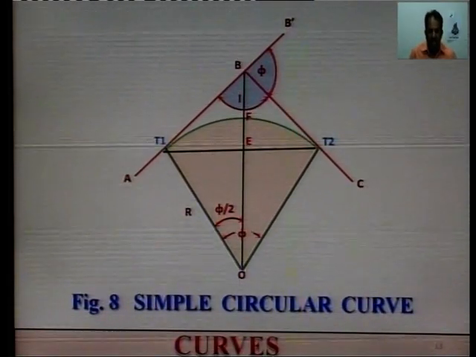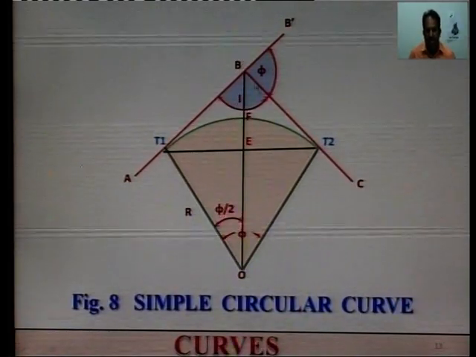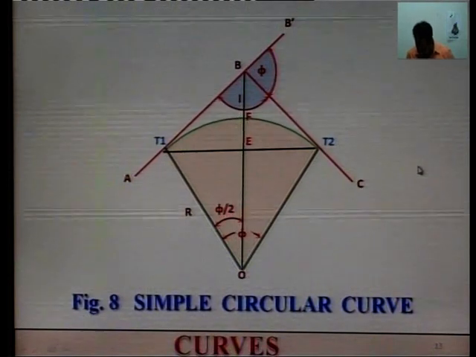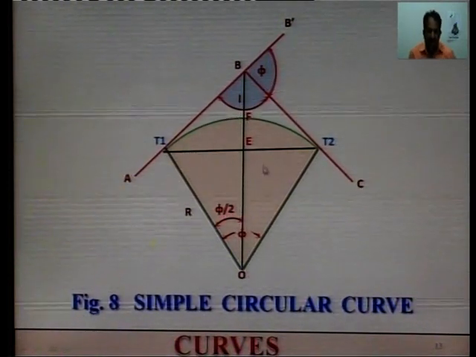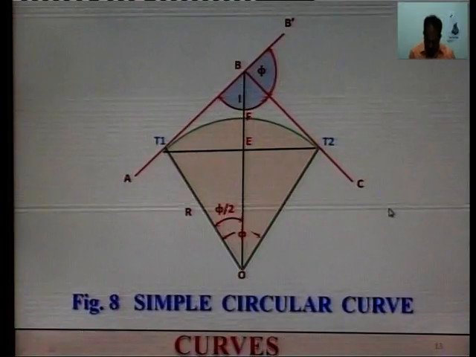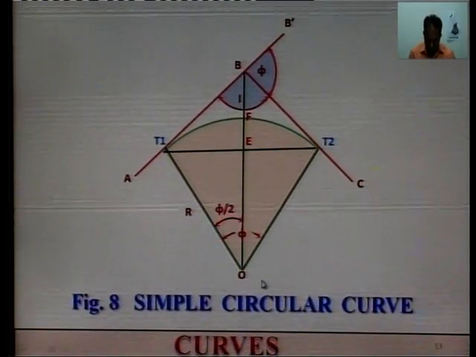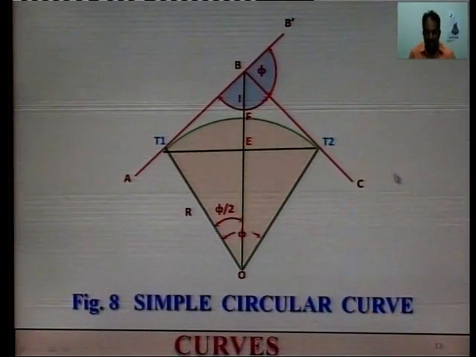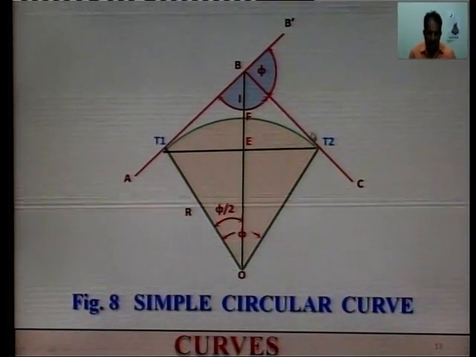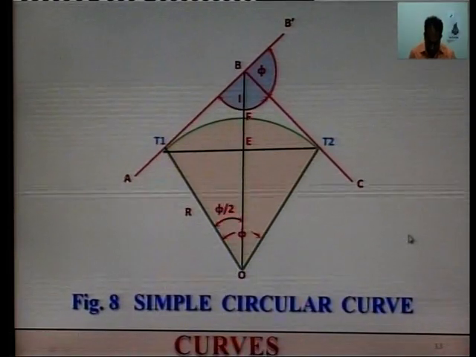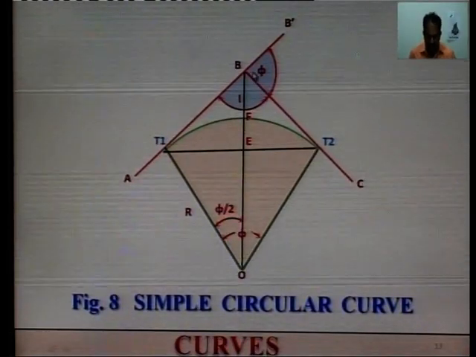The angle between the lines AB and BC, angle ABC, is called the angle of intersection I. The angle by which the forward tangent BC deflects from the rear tangent, angle phi, is called the deflection angle, or simply phi.